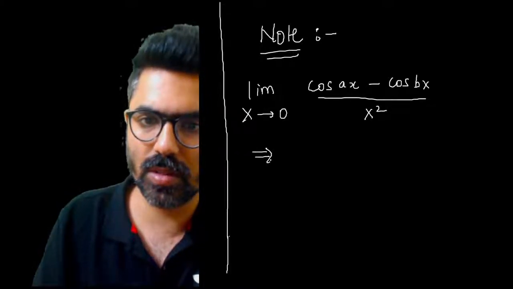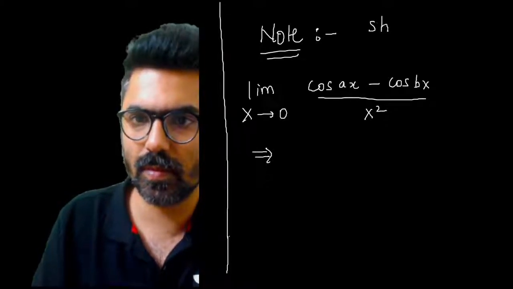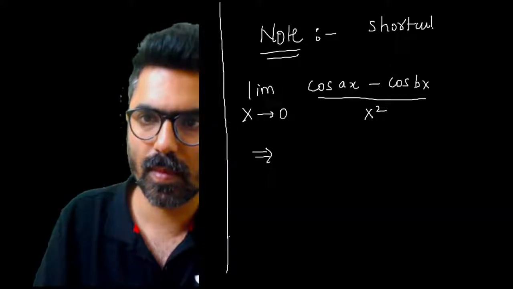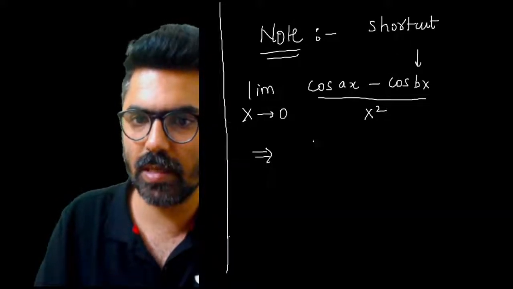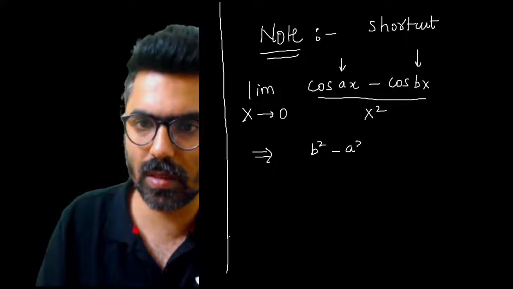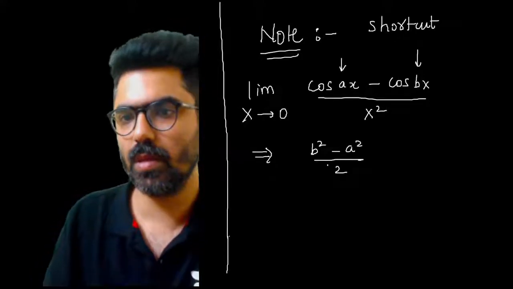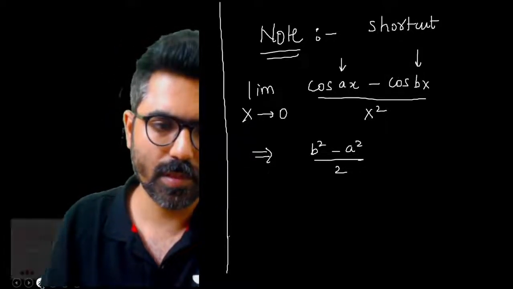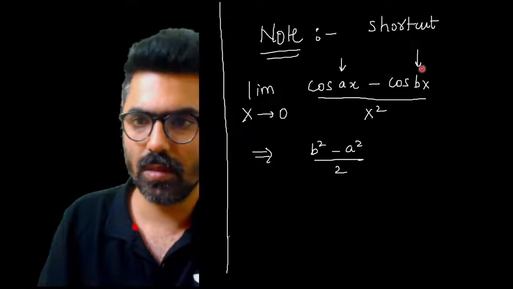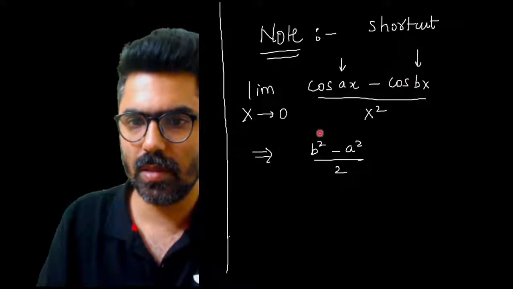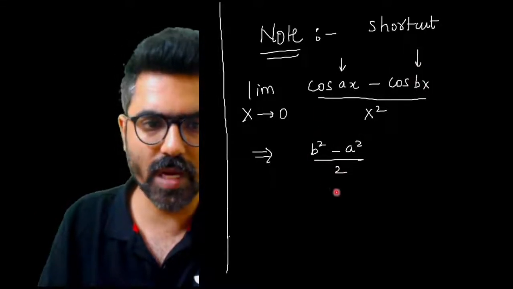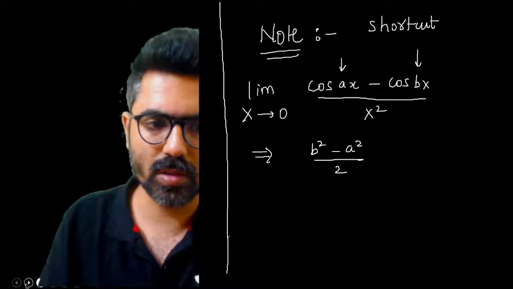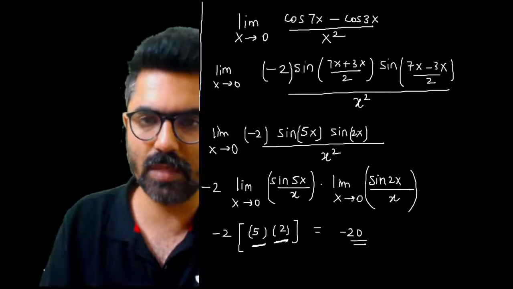The shortcut for this is b square minus the previous term a square, this whole divided by 2.